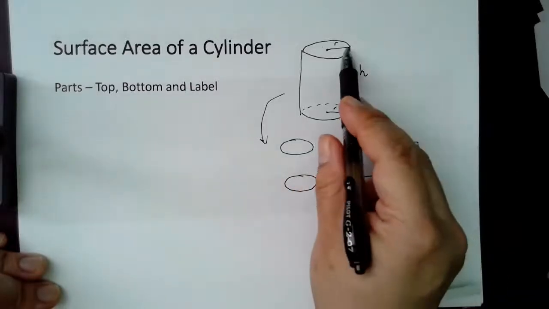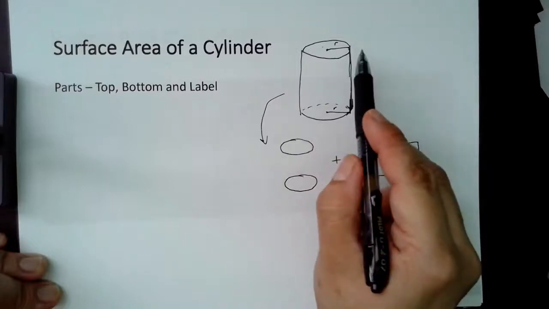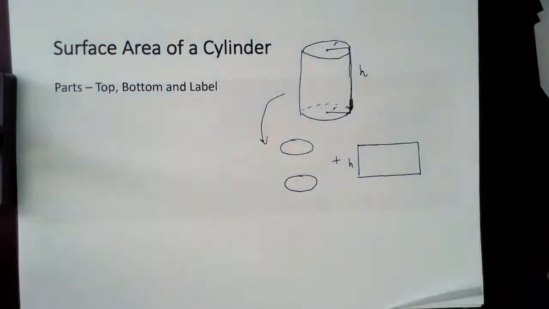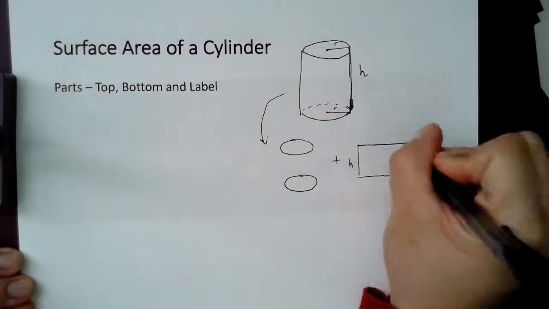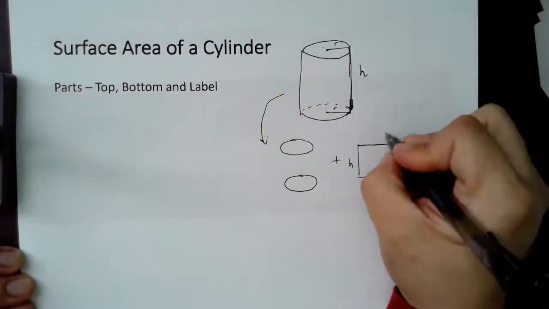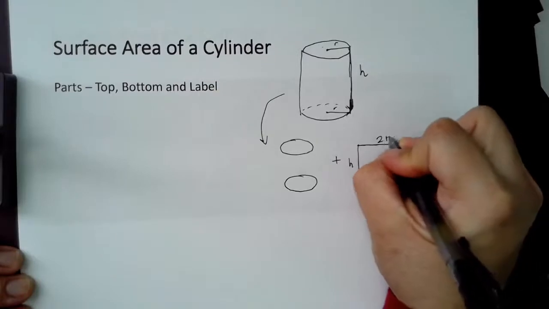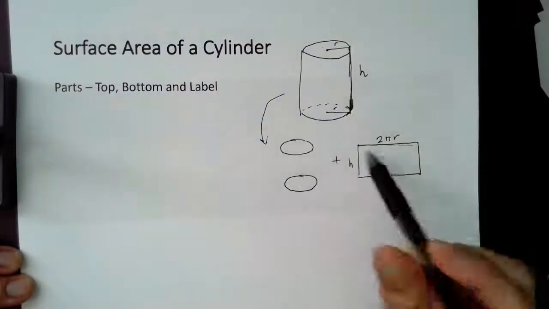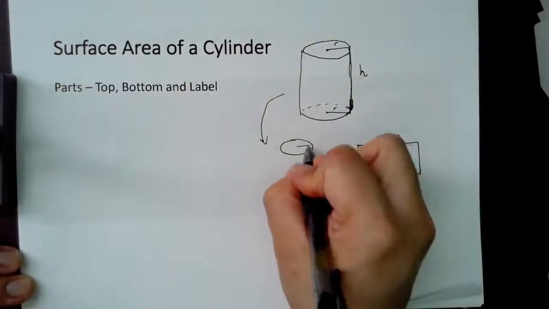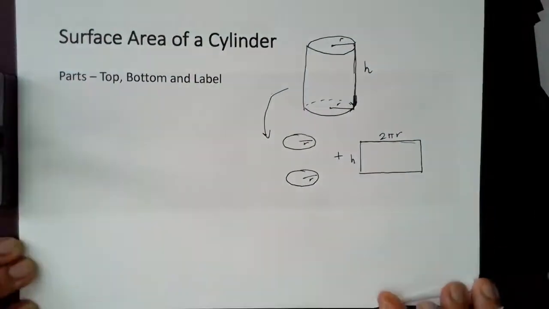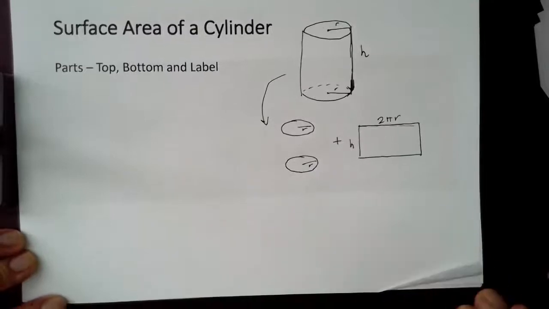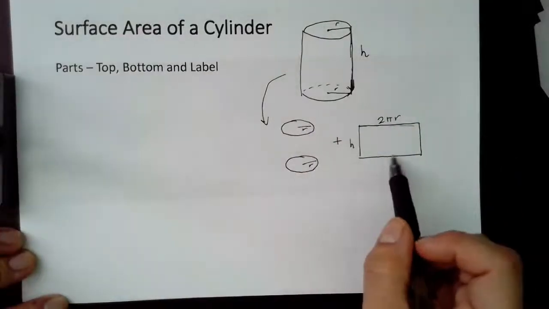So if I was to unroll it, like if I was to take a knife and cut it up here and then cut it over here and unroll it, I would create a rectangle where this base here is going to be 2 pi r, because that's the circumference of the circle that we started with. So then this is of course h, and this is h. So what would the area be of this cylinder, top, bottom, and the side?